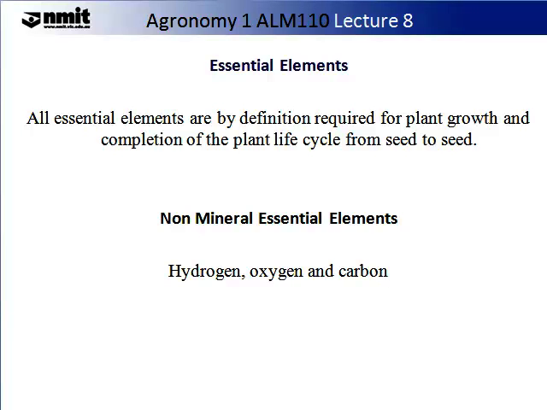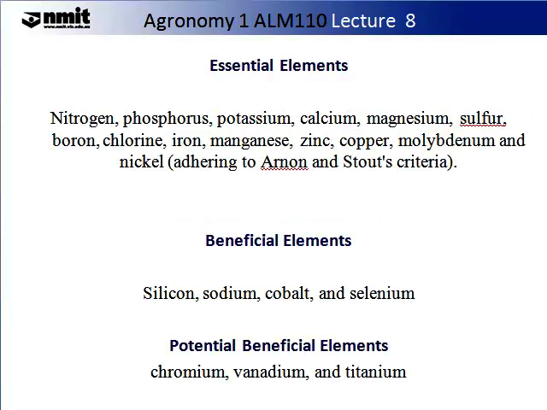These are obtained from either the atmosphere or water. Other essential elements that adhere to the Arnon and Stout criteria include nitrogen, phosphorus, potassium, calcium, magnesium, sulfur, boron, chloride, iron, manganese, zinc, copper, molybdenum and nickel.